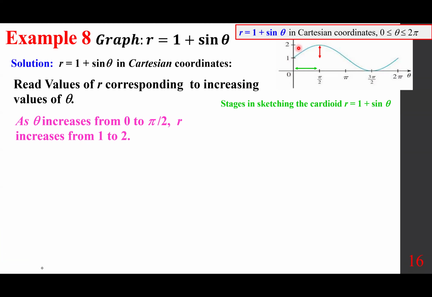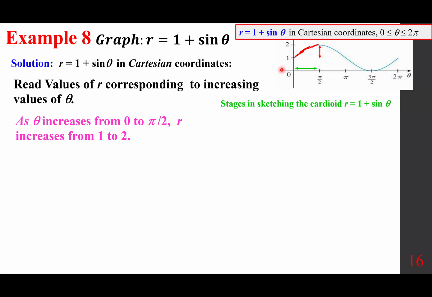So this is the arc we are referring to, everybody. This portion. What's happening to this portion? It moves from 0 to pi over 2 along the x-axis, and from 1 to 2 along the y-axis.